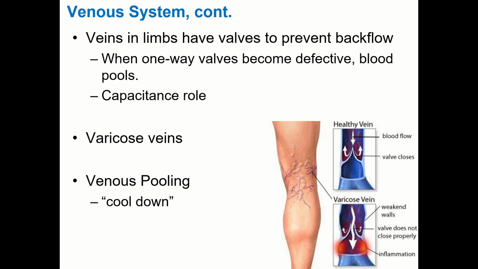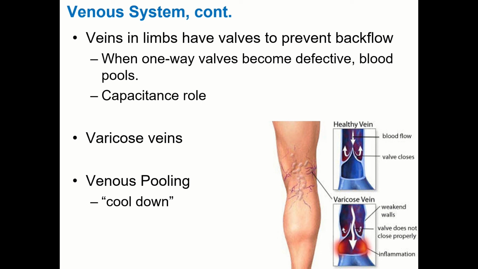That typically happens in surface veins because there's less tissue on top of them. It's basically just a few layers of fascia, skin, and subcutaneous fat, so there's not a lot of pressure on them. There's not a lot reinforcing them, and because of that, those are the ones that tend to have valve issues.